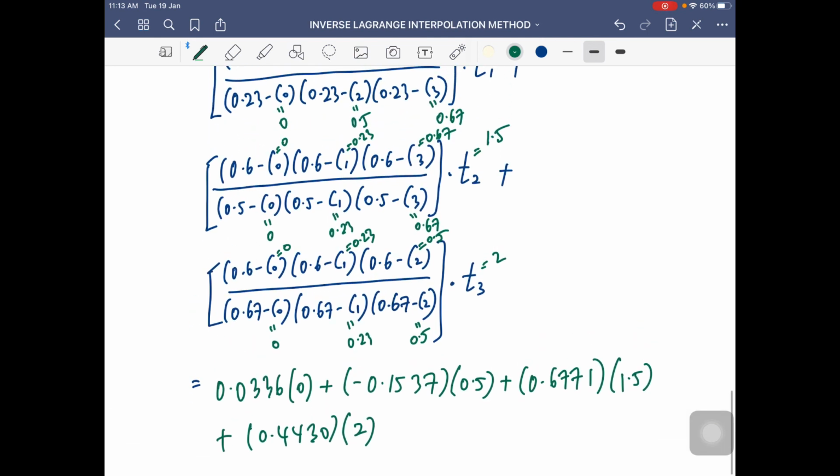So if you calculate here, you should get 1.8248 hour. Okay, so the result is similar to our inverse Newton interpolation.